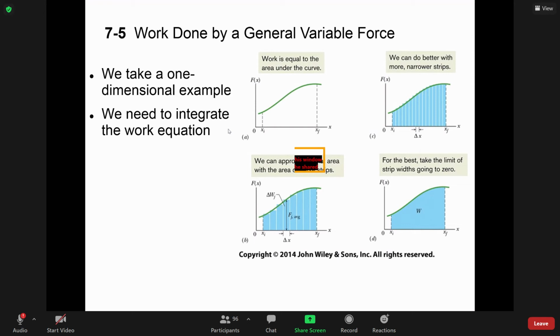Falling objects, they're different. وش القوة اللي تأثر على falling objects؟ جاوبني على الشات.